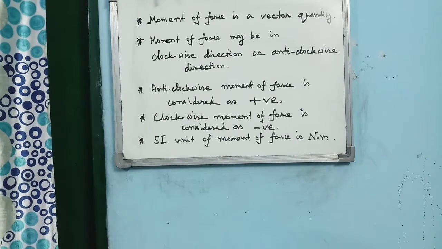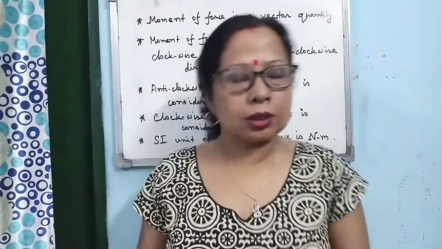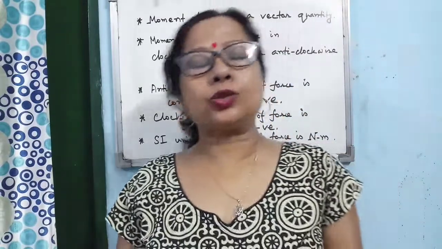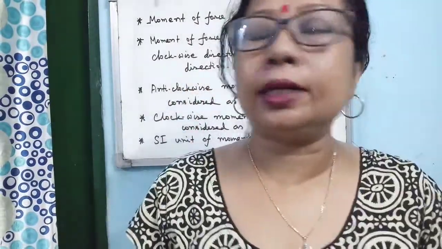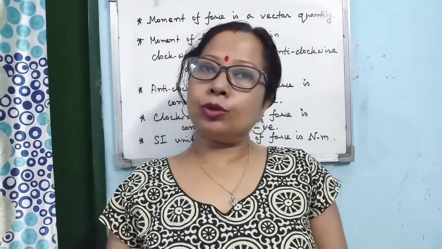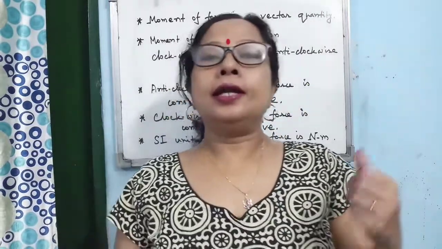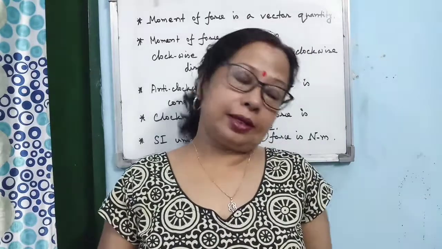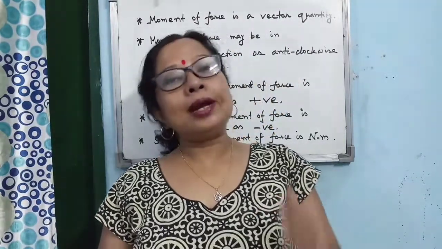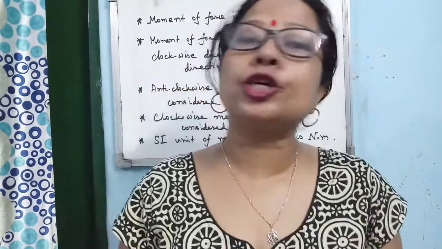Now the other points related with moment of force is that we know in physics whenever we learn a new physical quantity, then we should know about it, whether it is a scalar quantity or a vector quantity. Now moment of force is a vector quantity. Why? Because the moment of force has its direction also.